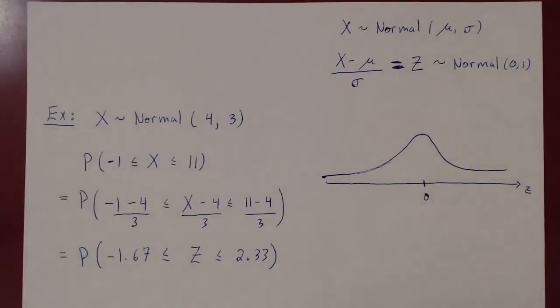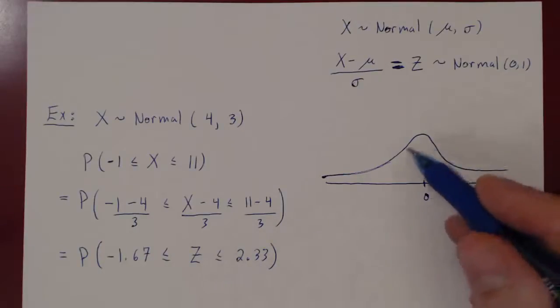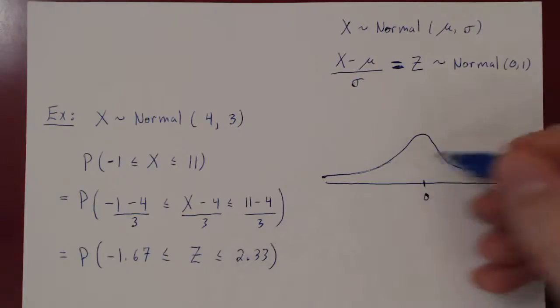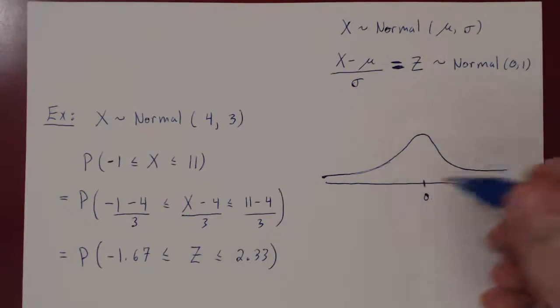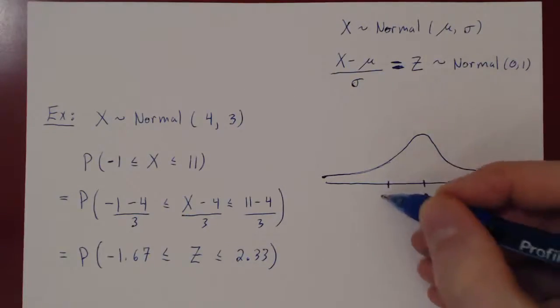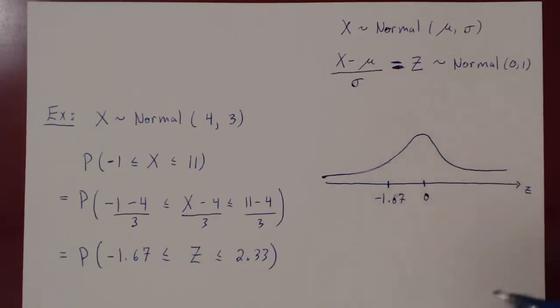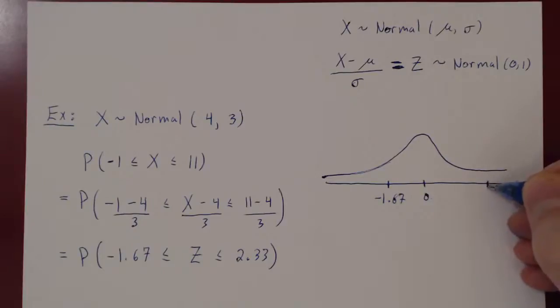And we know that the probability that z lies between -1.67 and 2.33 will be the area under the distribution between these 2 points. So say -1.67 is here, and say 2.33 is here.